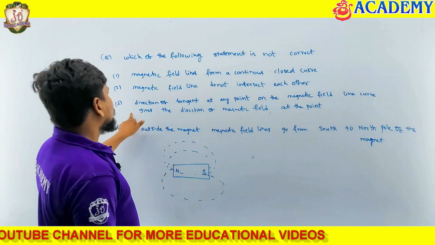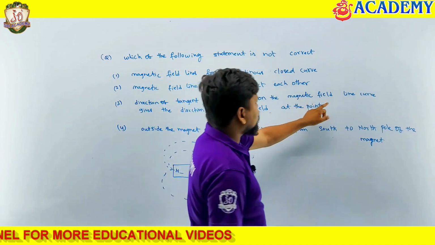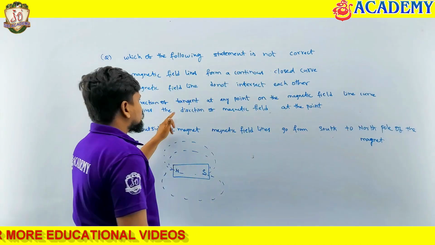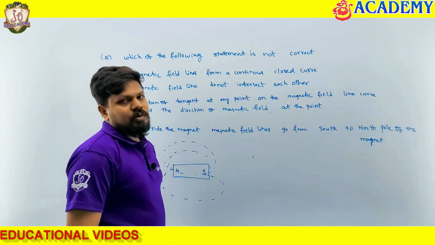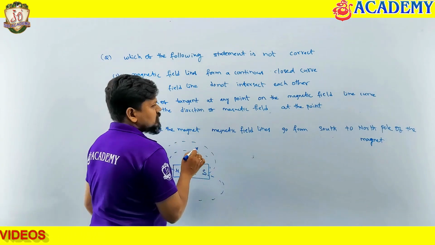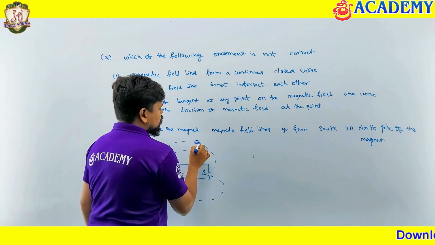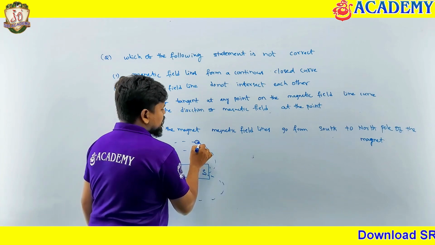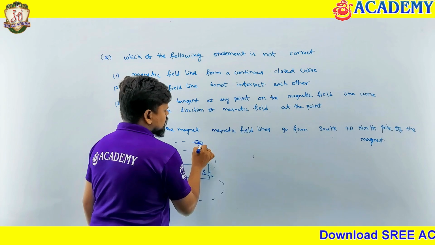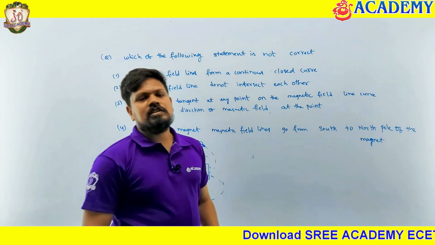Okay, and third one, direction of tangent at any point on the magnetic field line curve gives the direction of magnetic field at the point. In our childhood, before 10th standard, we might have done the experiment. One compass we will keep here, wherever it will show. Then next point we will keep, from that point again we will keep the compass, wherever this arrow will show. What we are doing actually is the tangent only.